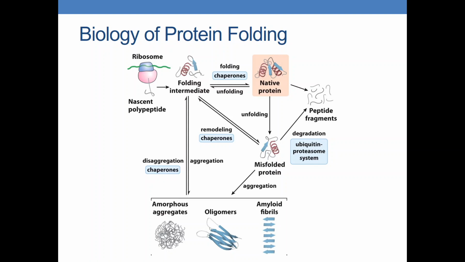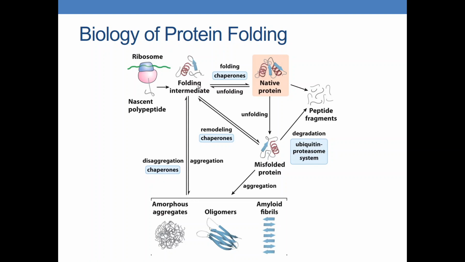Apply some sort of pull force to the ball of yarn. And eventually what's going to happen is your ball of yarn is just going to sort of fall apart. When that happens, hopefully what we're going to see is a transition from aggregate state back to folding intermediate state. And at that stage, other chaperones can bind to the folding intermediate and try to promote the native structure once again. Okay.